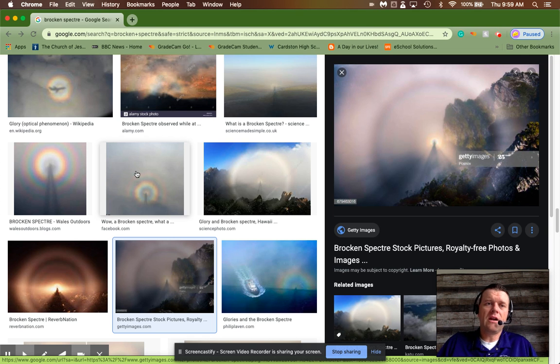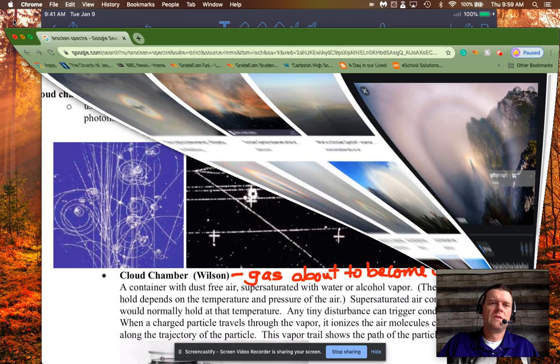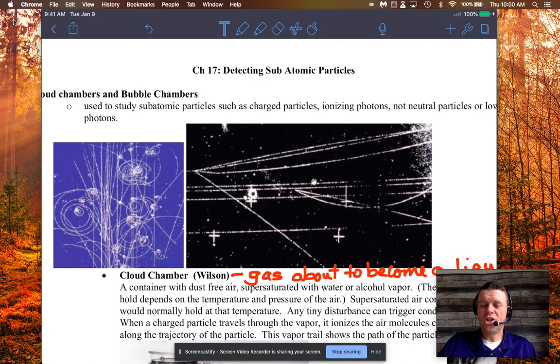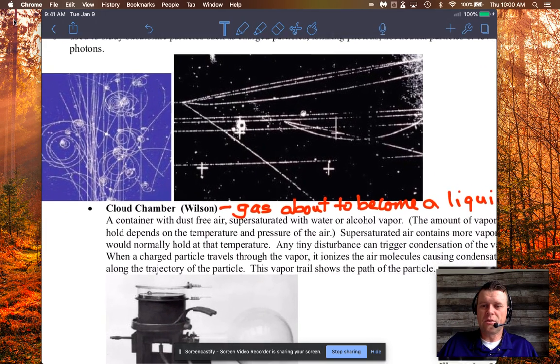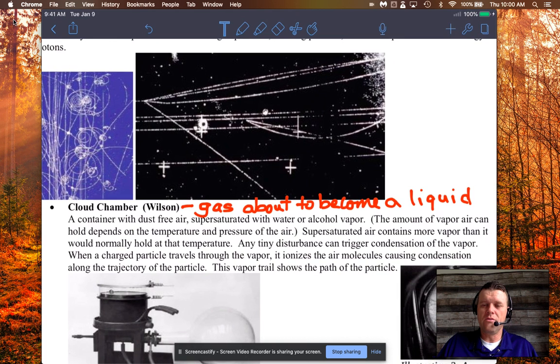And he had this brilliant idea to actually create a chamber where there would be very dense or saturated water vapor. You can also do it with alcohol, as it says here. But basically, it became known as a cloud chamber with this supersaturated vapor.